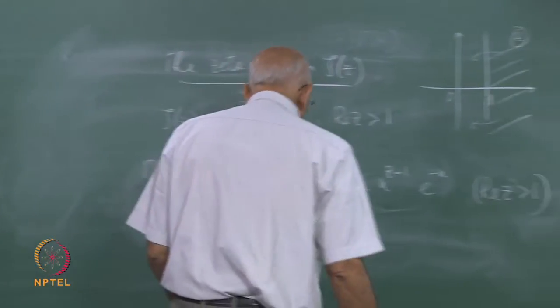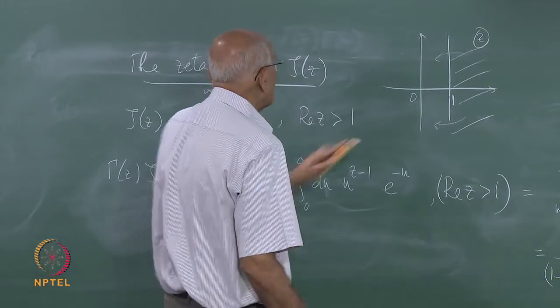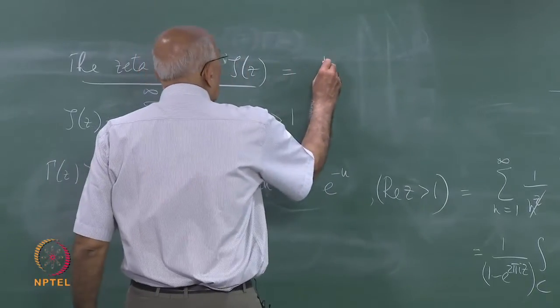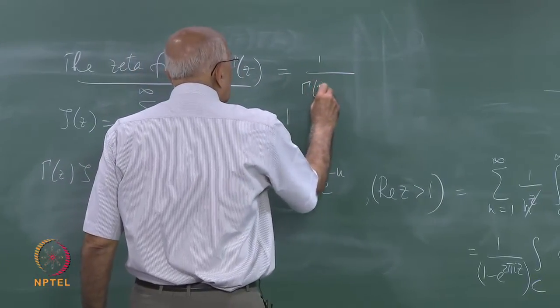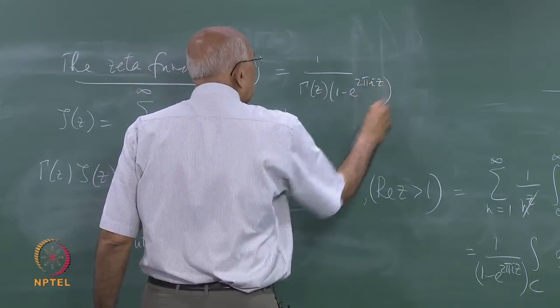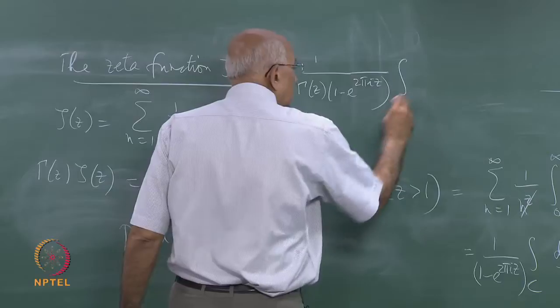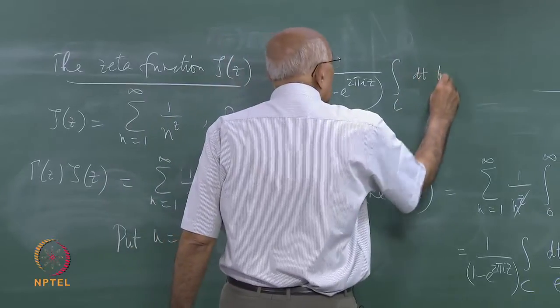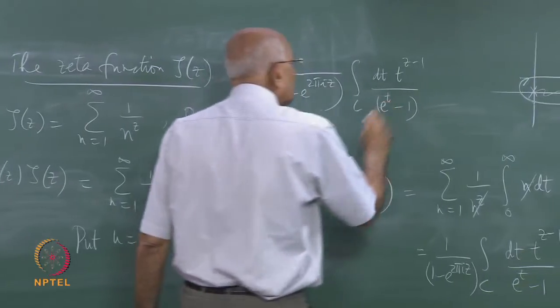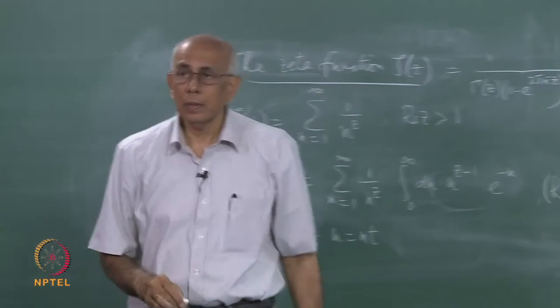So this tells us that we have a representation for this zeta function. This is equal to 1 over gamma of z 1 minus e to the 2 pi I z contour integral dt t to the power z minus 1 over e to the t minus 1. Okay.